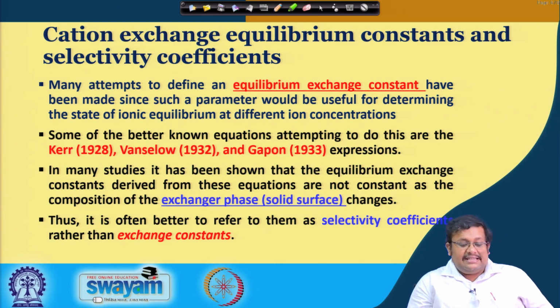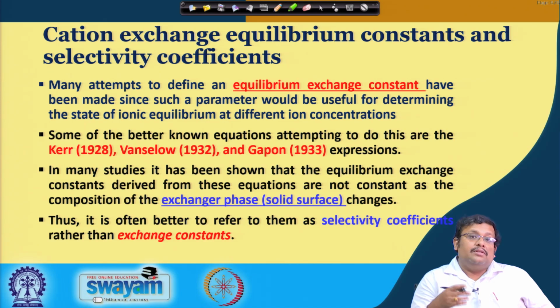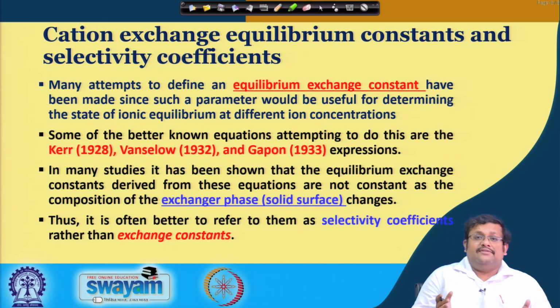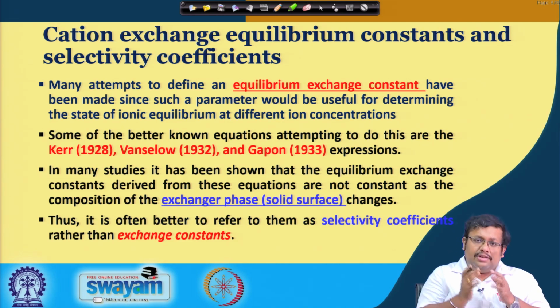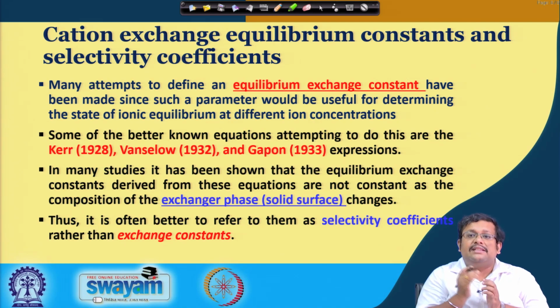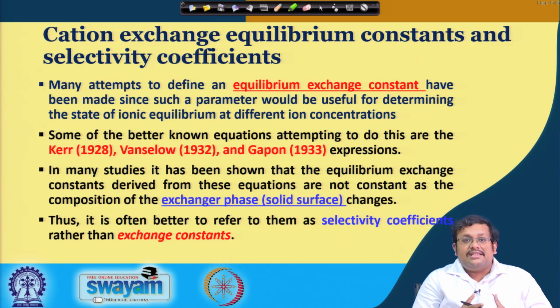In many studies it has been shown that the equilibrium exchange constants derived from these equations are not constant as the composition of the exchanger phase, or solid surface, changes. If we consider that soil is a solid in equilibrium with the surrounding soil solution, then based on the composition change of the solid surface, the equilibrium exchange constants also vary.